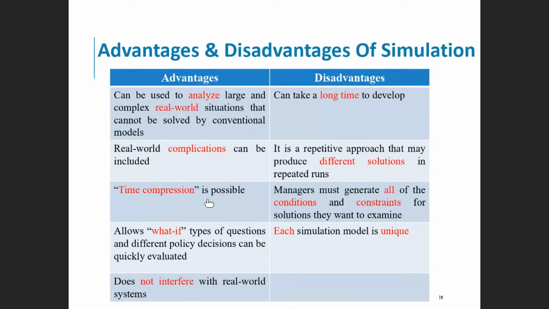So you can elapse the time, move it in the simulation easily by just clicking the number of times that you want to see your process, how it will be there.